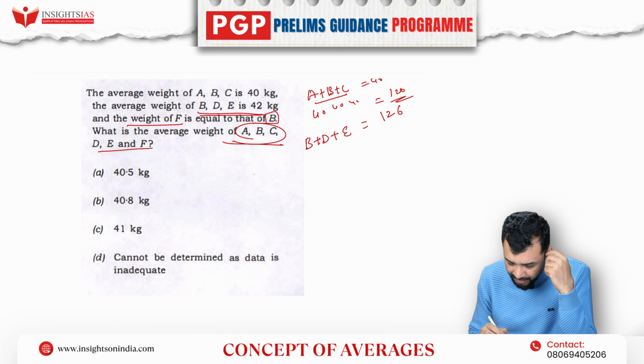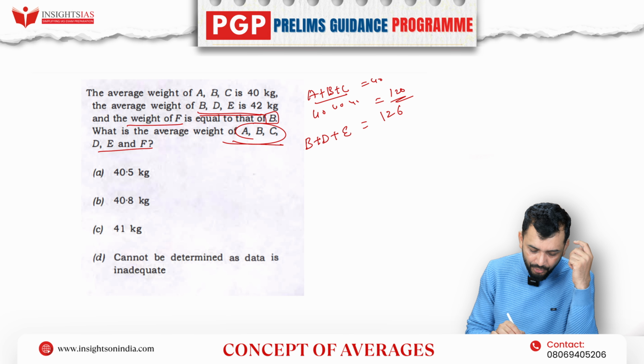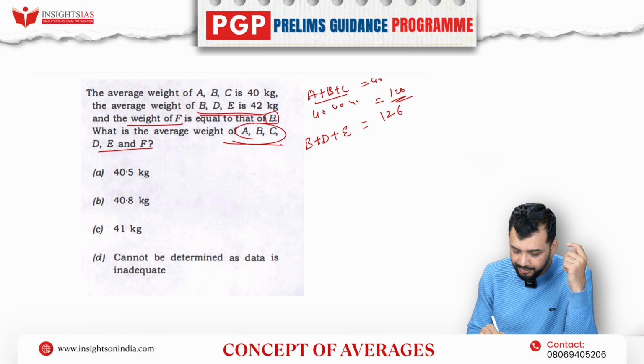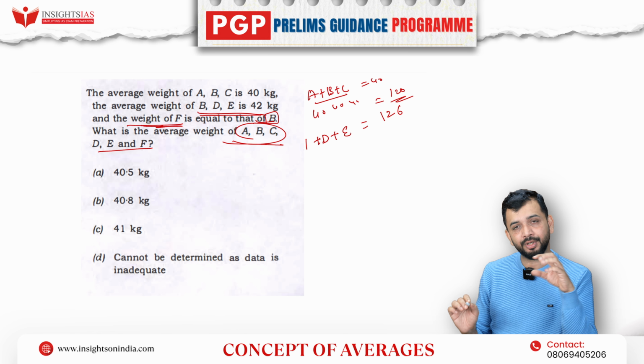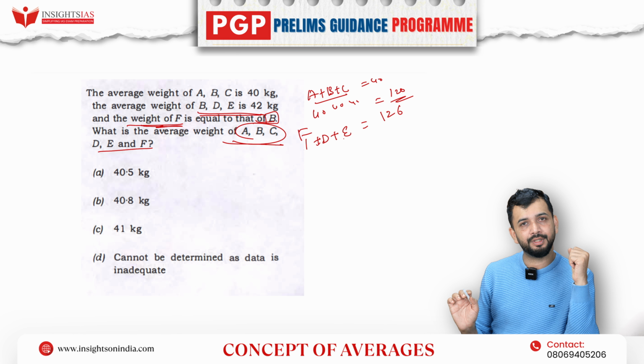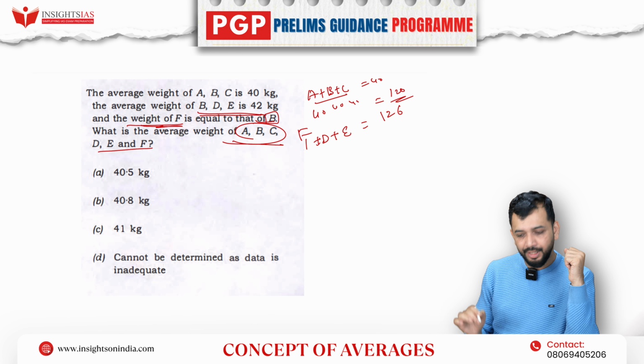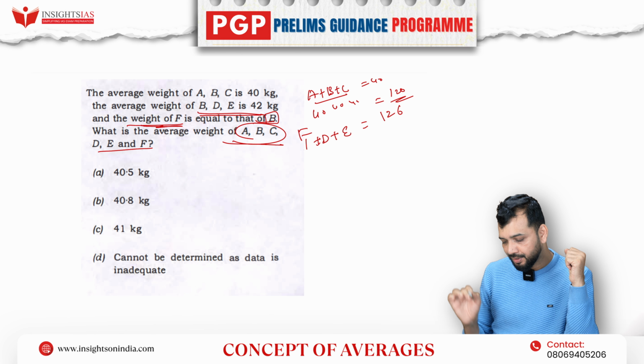Right? Now, however, here we do not have F. ABC is there, D and E are there, but F is not there. But what they have told is that the weight of F is equal to that of B. So instead of B, I can replace F, because B and F are the same. Now what is happening? D plus E plus F is 126. Now ABC is 120, DEF is 126.